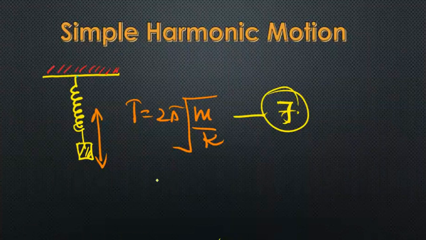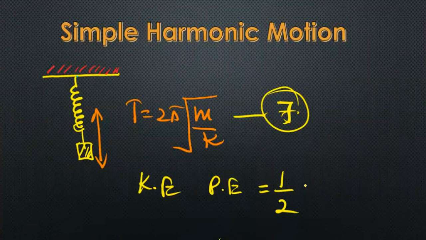And then we have equations for total kinetic energy and total potential energy. When the spring is completely stretched, potential energy equals half k x squared. x is the displacement from the center, k is the spring constant. In some equations we can use k as the force constant.